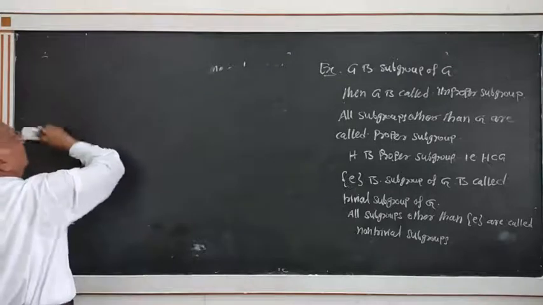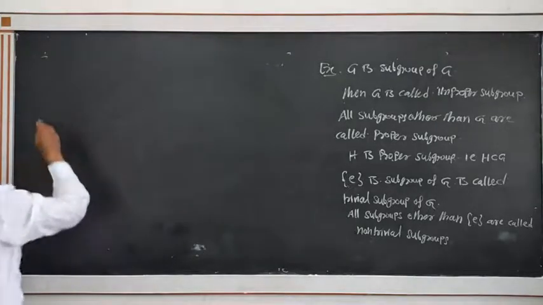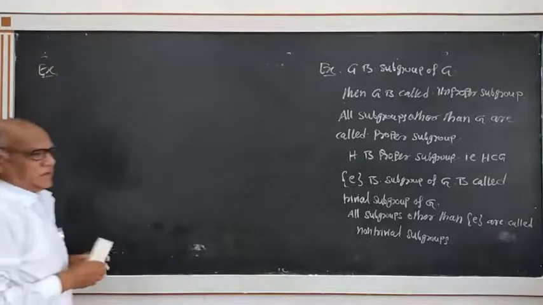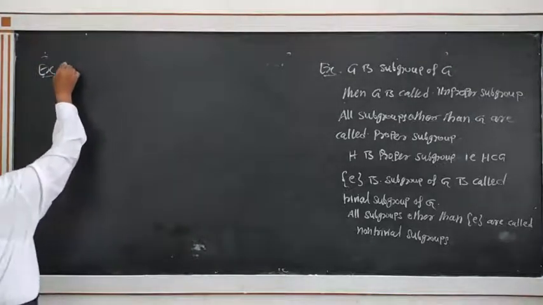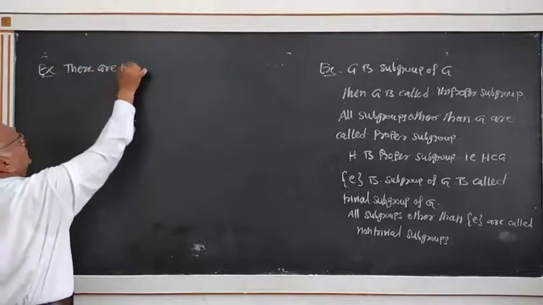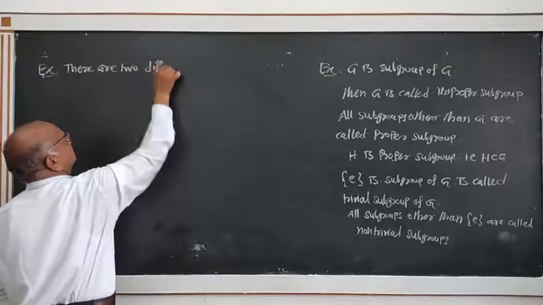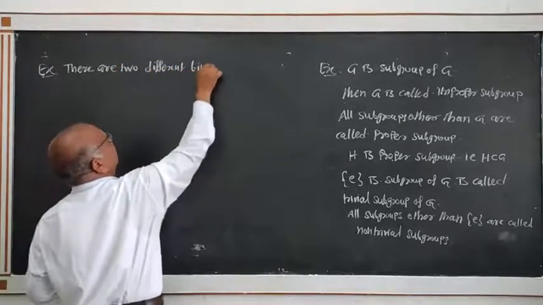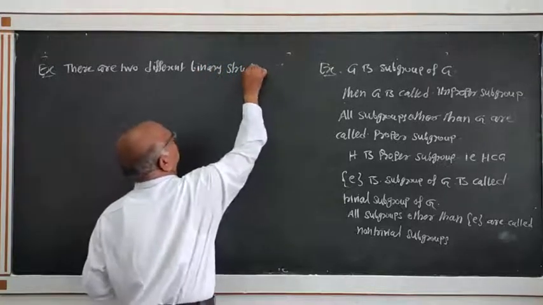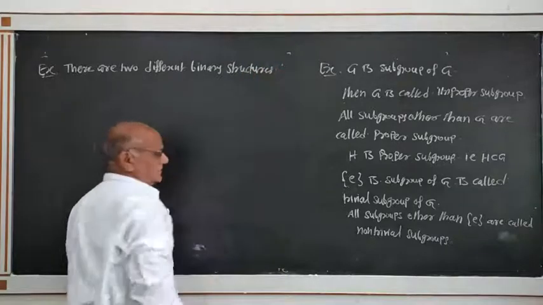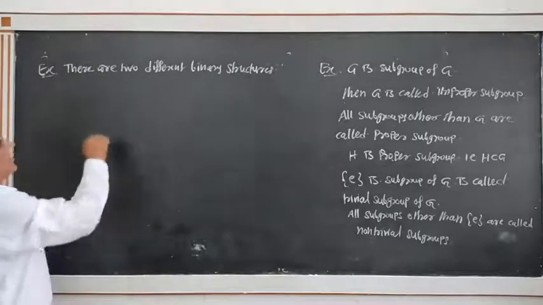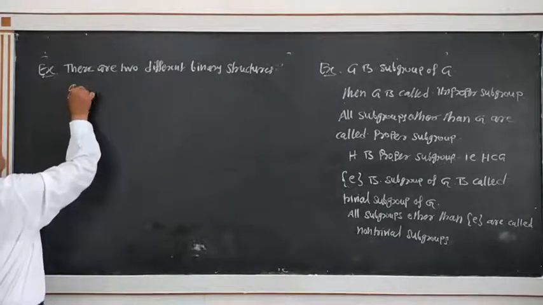Now, another example. There are two different binary structures of groups with 4 elements.